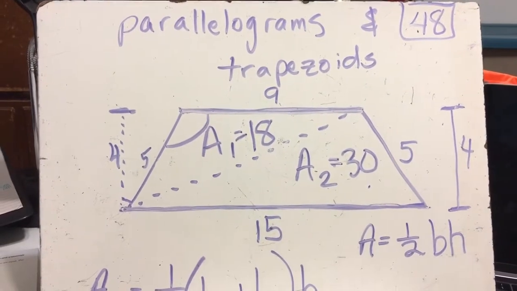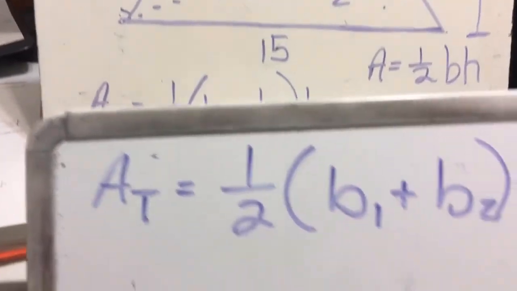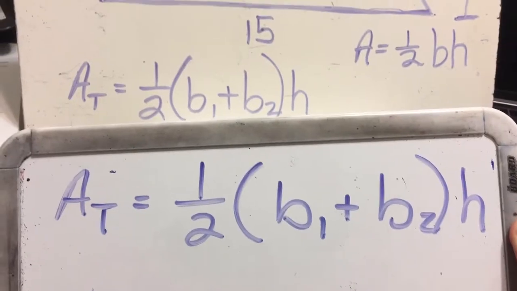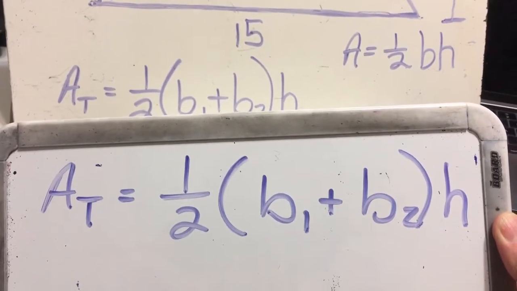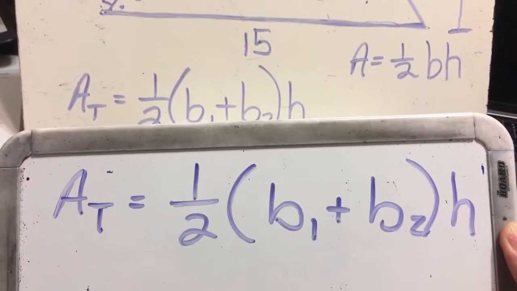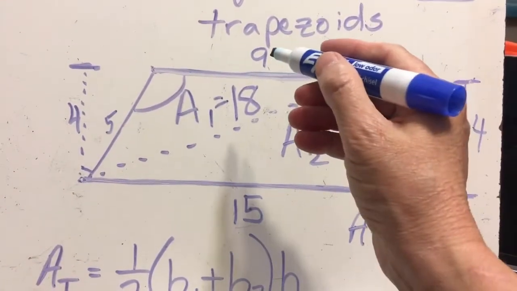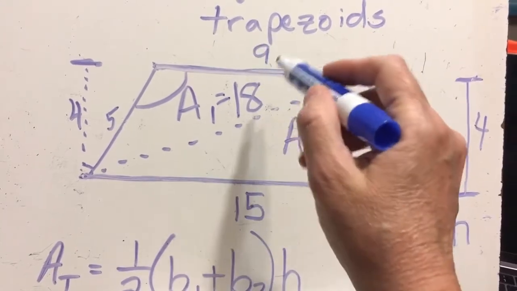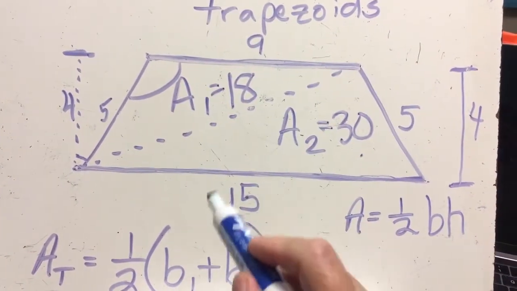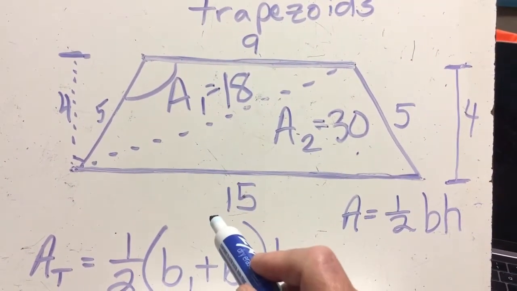So now I'm going to take the same problem, but we're going to use this formula. Okay, 1/2 base 1 plus base 2 times the height. So now these are my two bases. Notice in the first triangle, didn't I use this for a base? In the second triangle, I used this one for a base.